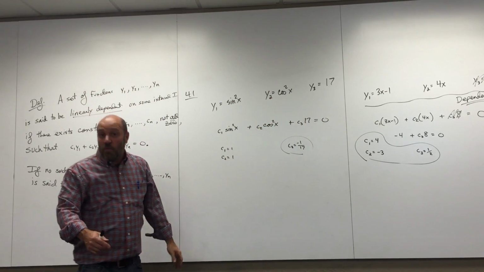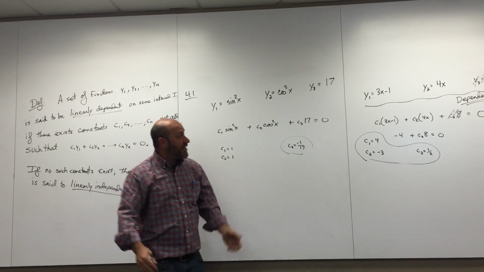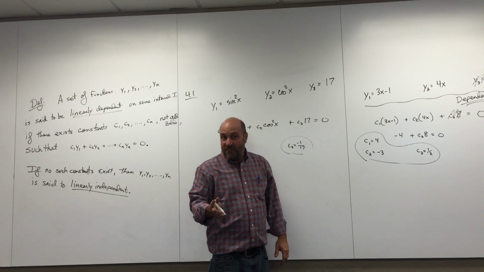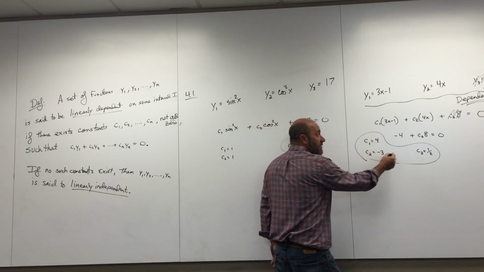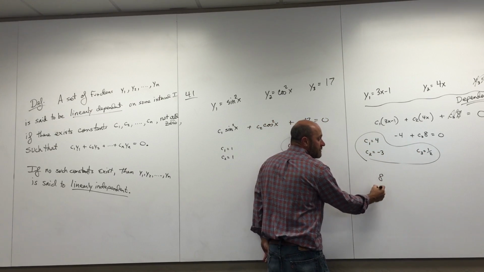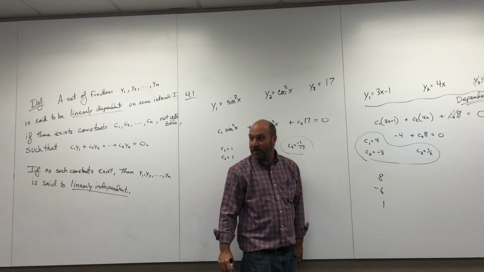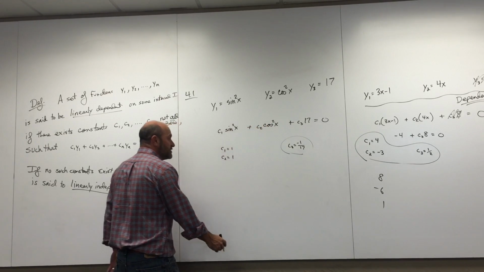There is more than one right answer when you find these C's. In fact, it turns out any multiple of these answers works. It's almost like vectors. This 4, negative 3, a half worked. What if you multiplied them all by 2? 8, negative 6, and 1 also works. I think any multiple of them works. So what were you suggesting?